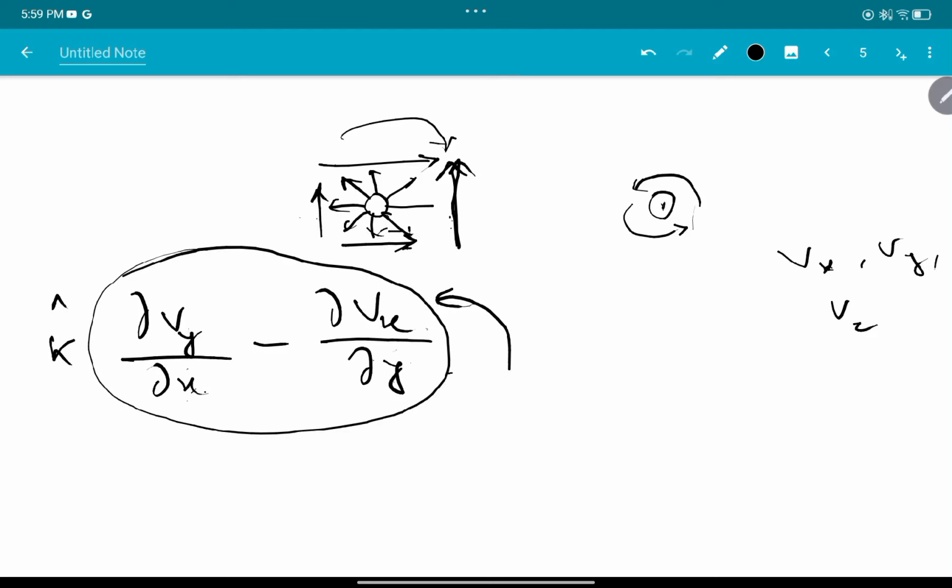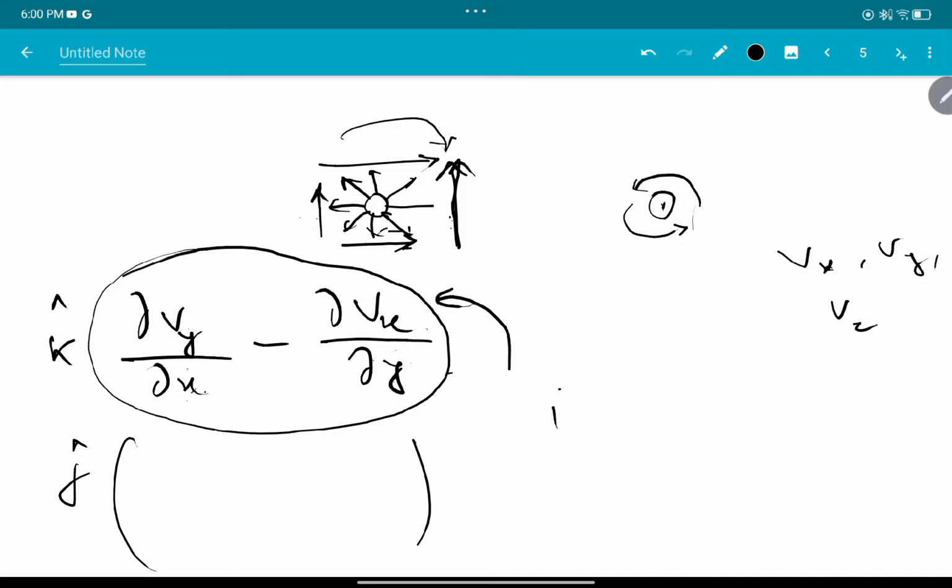It involves the y component of velocity with x displacement, and the x component with y displacement. Similarly, when you compute j, you will have no y there; instead you will have z and x. And around i, you will have no x there, only y and z.